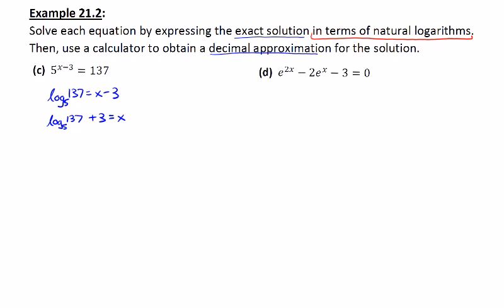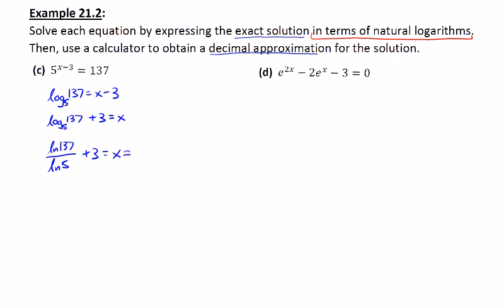So this is an exact answer, but to put it in terms of natural logs, we're going to use the change of base formula and write this as ln of 137 divided by ln of 5 plus 3 is all equal to x. And that represents the exact answer in terms of natural logarithms.